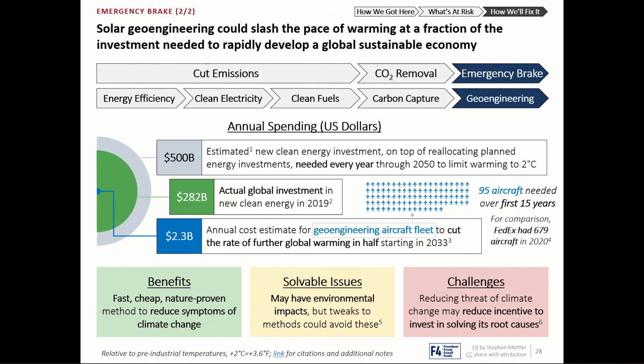This is only a way to slow down the symptoms of the problem, but fundamentally we don't have a future as a civilization if we don't address the problem itself. So again, this is a way that we could slow down the pace of warming in order to get more time for cutting emissions and for removing carbon dioxide. It is not a solution in itself.